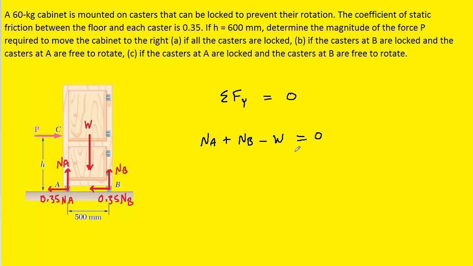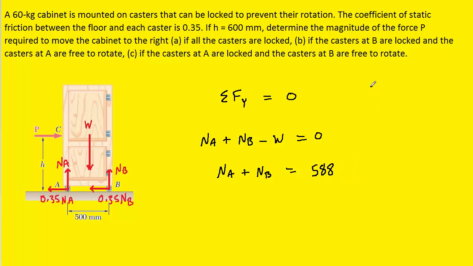We can add W over to the right-hand side so that we can see that the sum of the two normal forces is going to equal W. And furthermore, we recall that weight is equal to mass times gravity. So we can take the mass of the cabinet, which was 60 kilograms, and multiply by 9.8. And when we do that, we get 588 newtons.